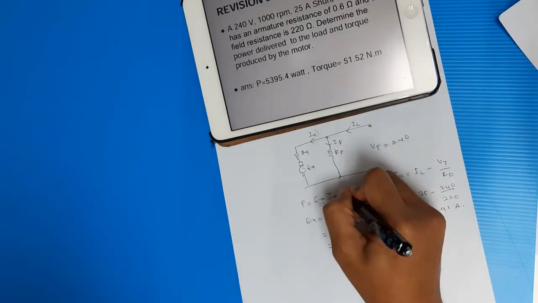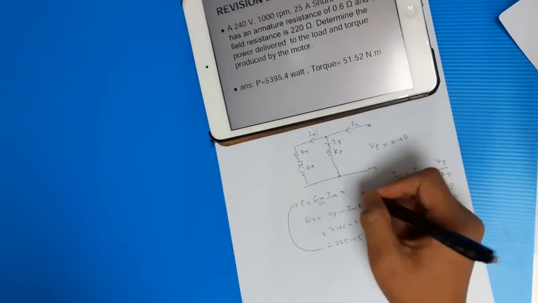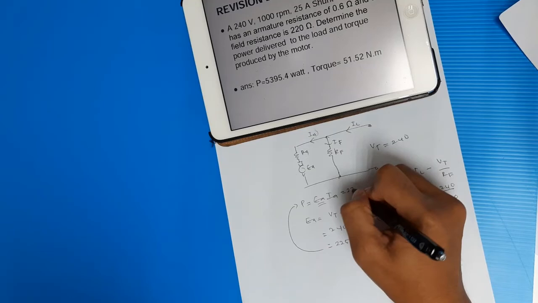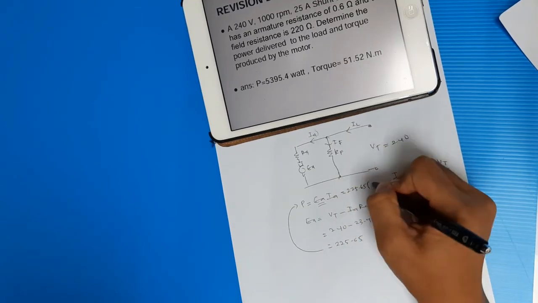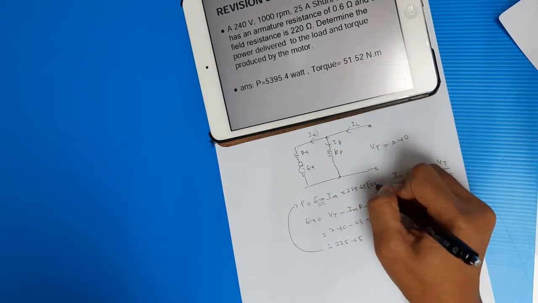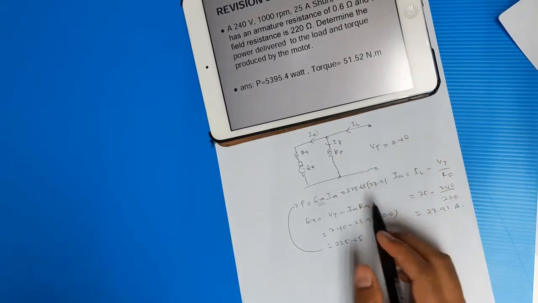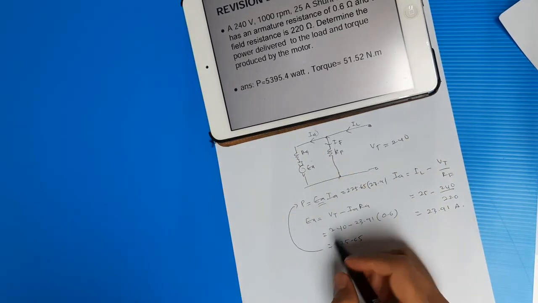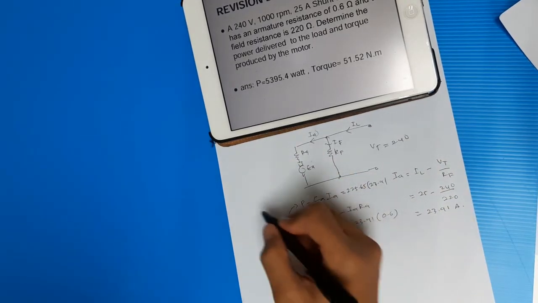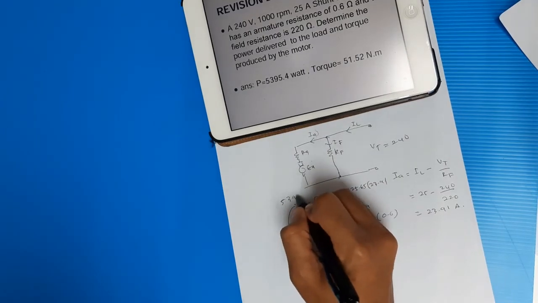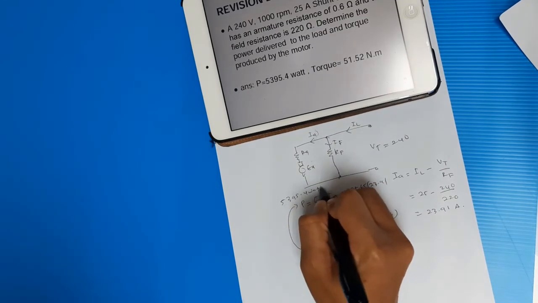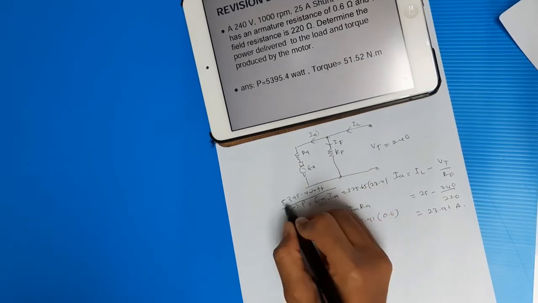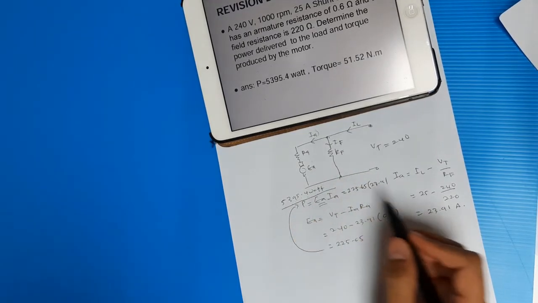Then you can go back to this formula to determine P. 225.65 multiplied by IA, 23.91. So the answer you get is similar to the one in the slide, 5,395.4 watt.